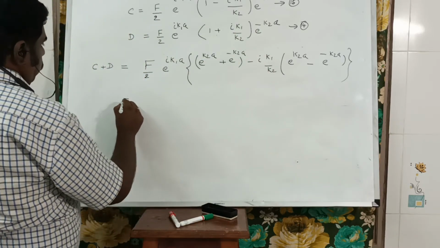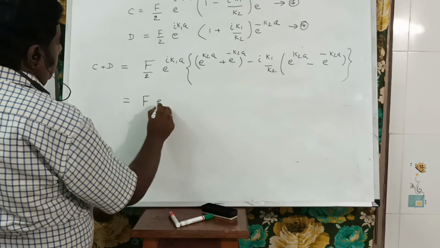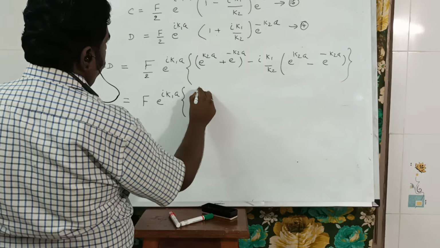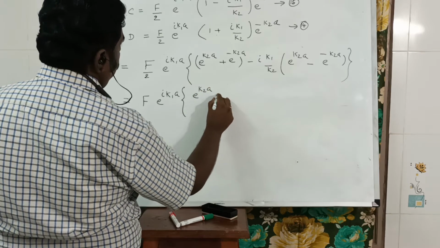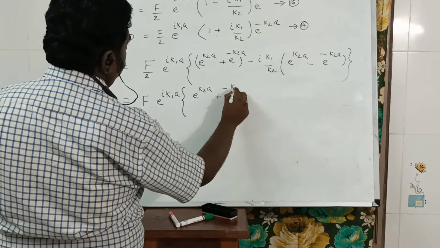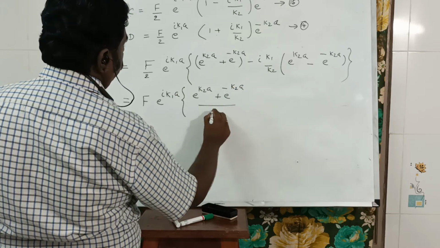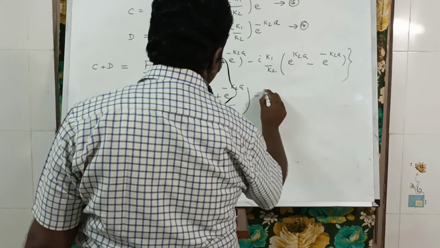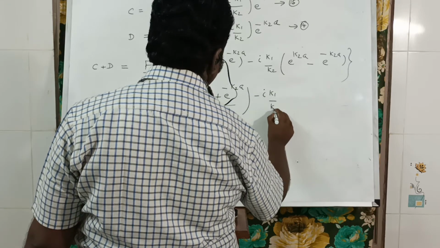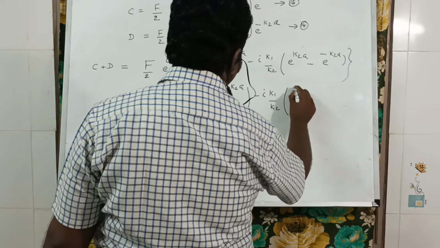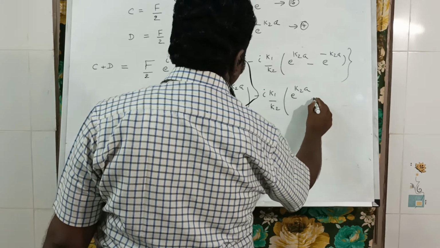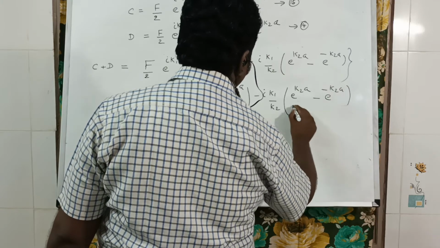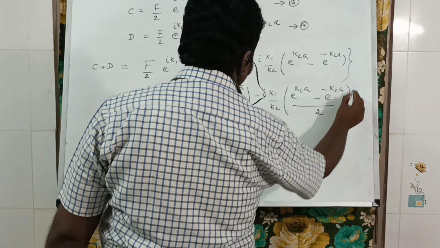This is equal to F into e power i k1a times e power k2a plus e power minus k2a by 2, minus i k1 by k2 times e power k2a minus e power minus k2a, whole divided by 2.